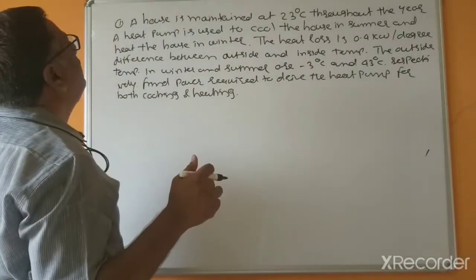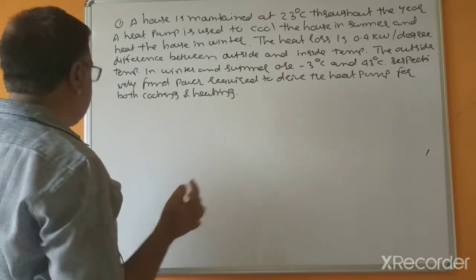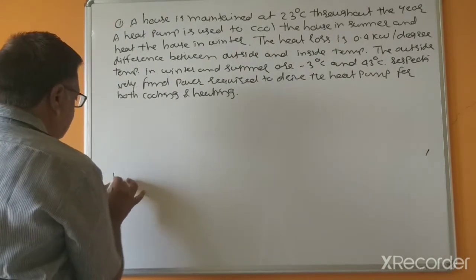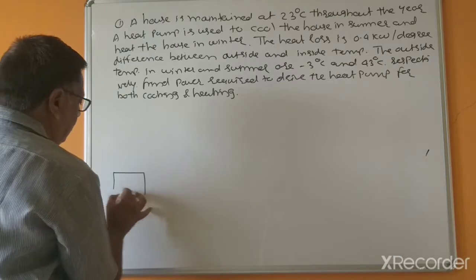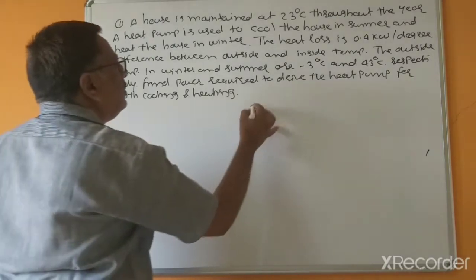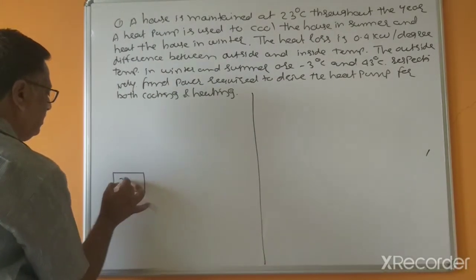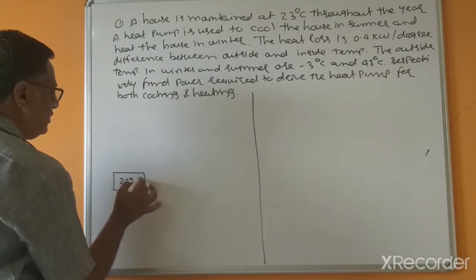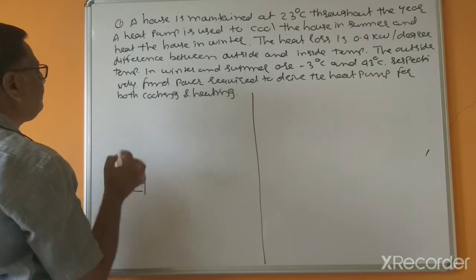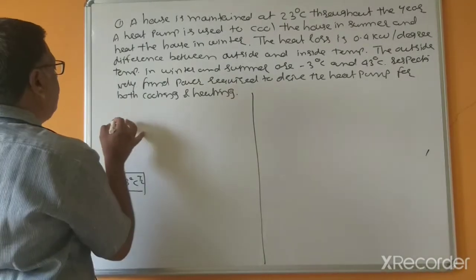So what is given? A house is maintained at 23 degrees centigrade throughout the year. Suppose this is T2 temperature and this is T1 temperature.